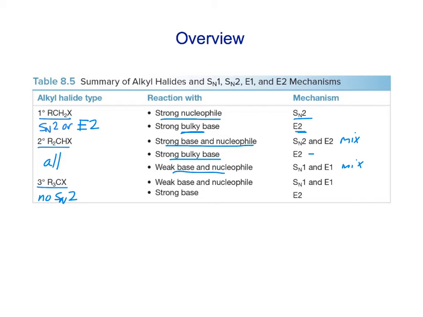There's one set of conditions that we could add in here, and we already kind of talked about this, is if we have a good nucleophile that is a weak base, then we can get it to go SN2.